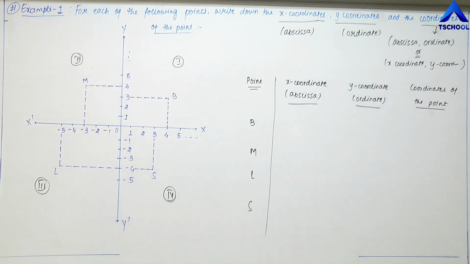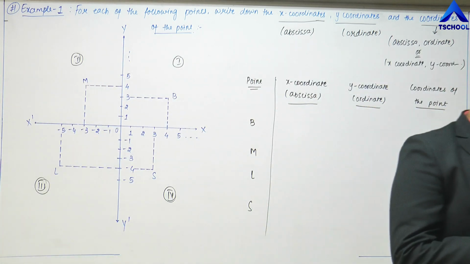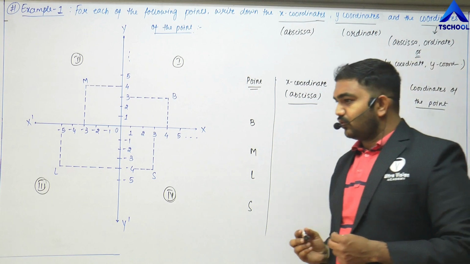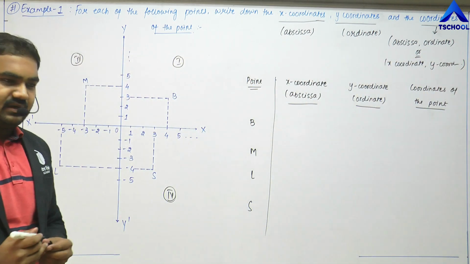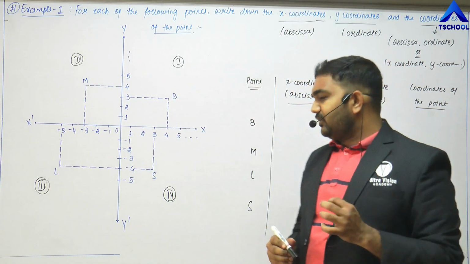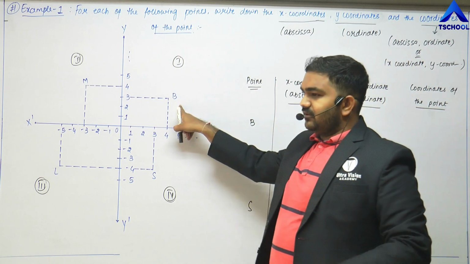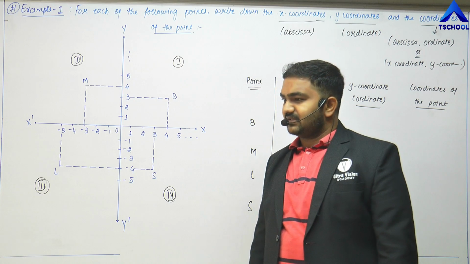For each of these 4 points, we are going to write down the x coordinates, y coordinates, and the coordinates of the point. Now, as we discussed in the previous lecture, what is the x coordinate? The x coordinate is basically the perpendicular distance of the point from the y-axis measured along the x-axis.